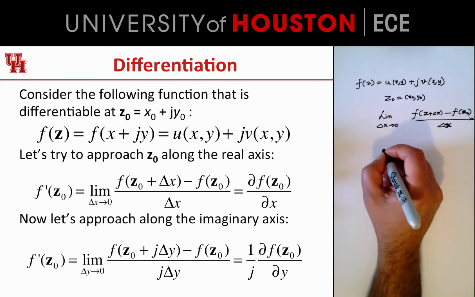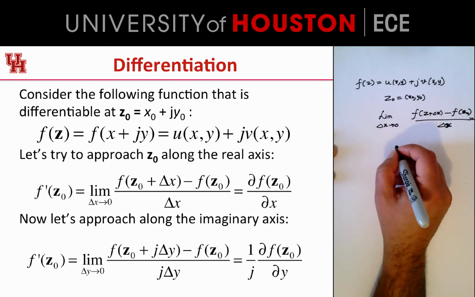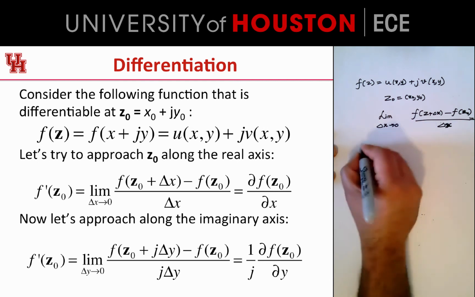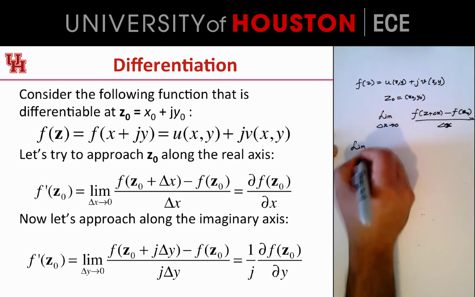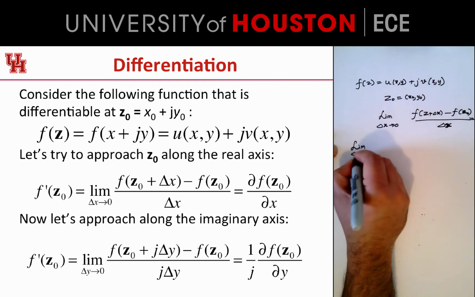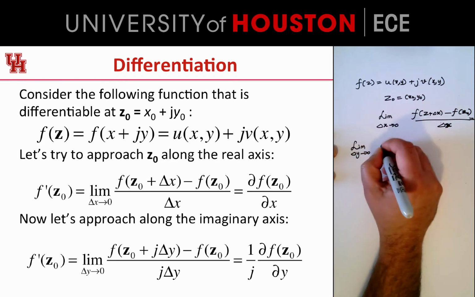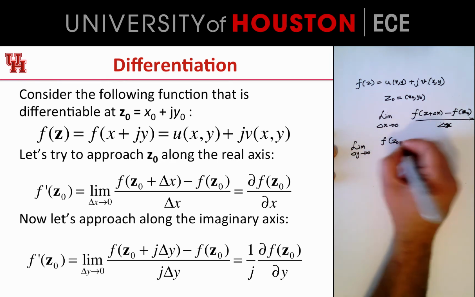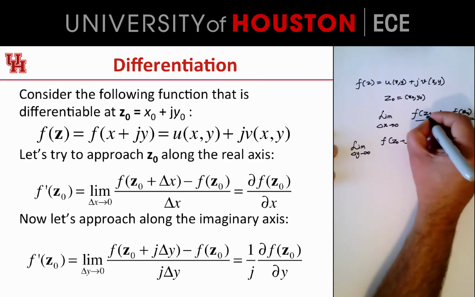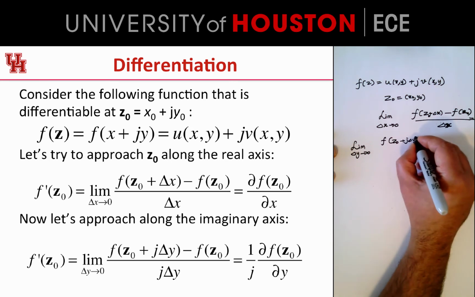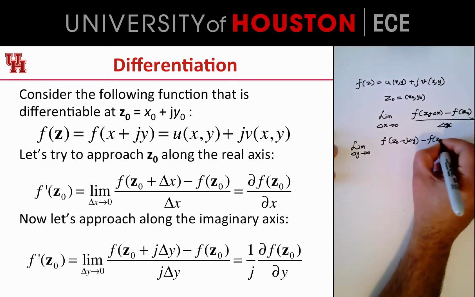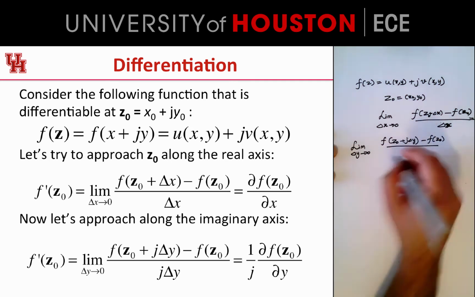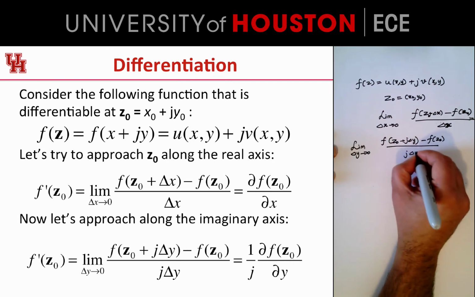Now suppose we approach the same thing along the imaginary axis. Then we can write the limit as delta y goes to 0 of f of z naught plus j delta y, minus f of z naught, divided by j delta y.